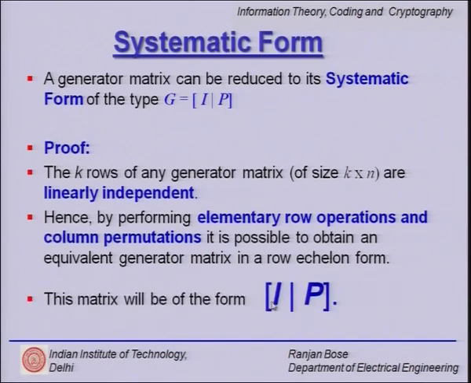So, it is pretty easy to see that by simple row and column operations I can actually show that we have a rank k matrix, and here we have an identity matrix of size k cross k. So, this is a simple way to look at why each and every generator matrix can essentially be reduced to an equivalent systematic form. So, we have used these tools to come up with a systematic form.